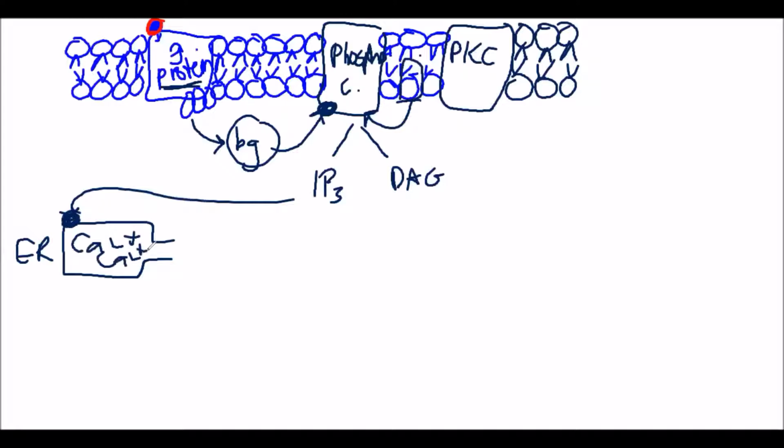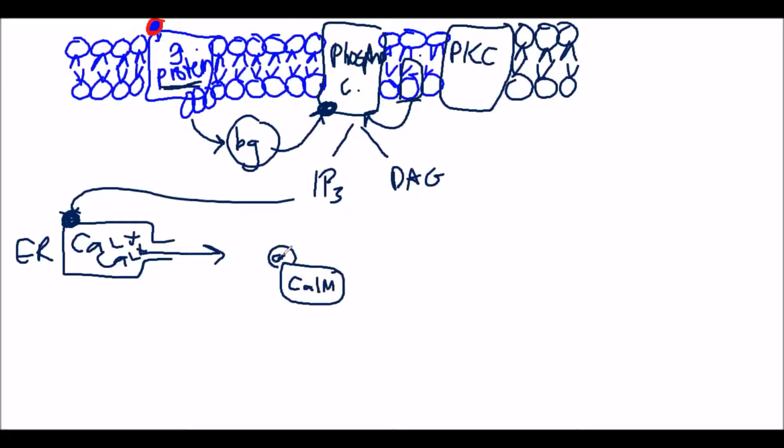So once IP3 binds, it allows for the calcium to escape. It's going to find another protein in the cell called calmodulin. I'm not going to write out the whole name, but I'll just call it CalM. And so calcium is going to bind to CalM, or calmodulin.